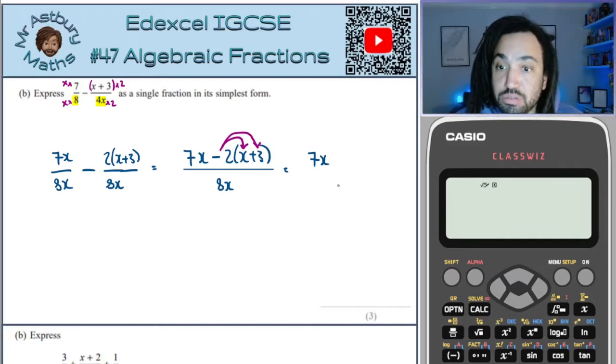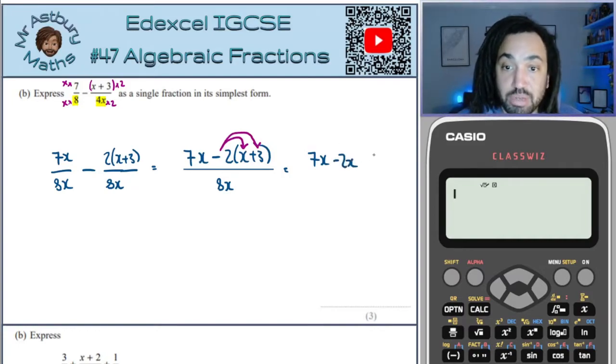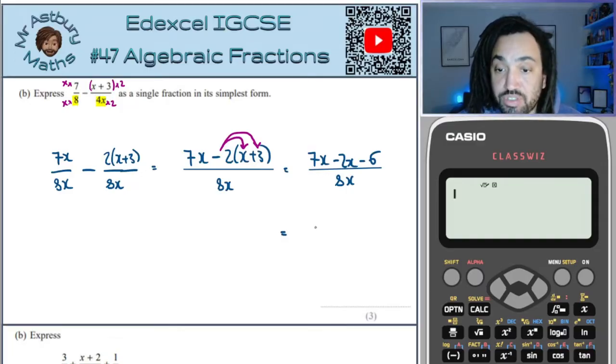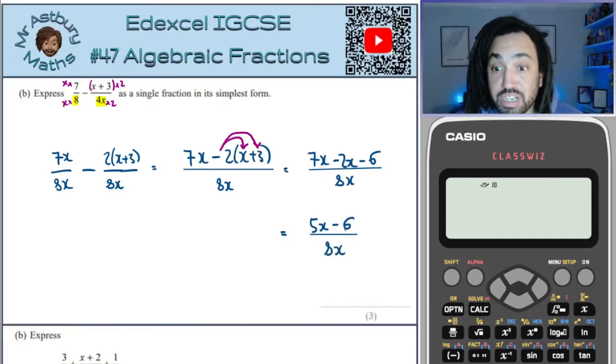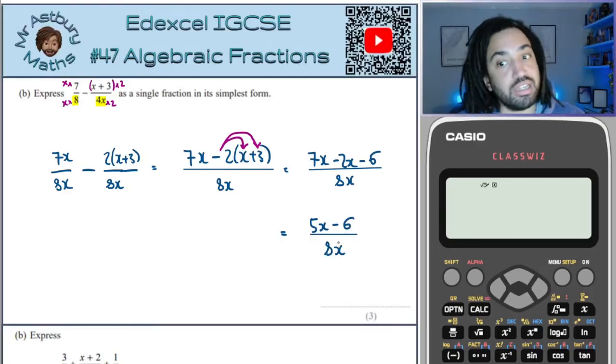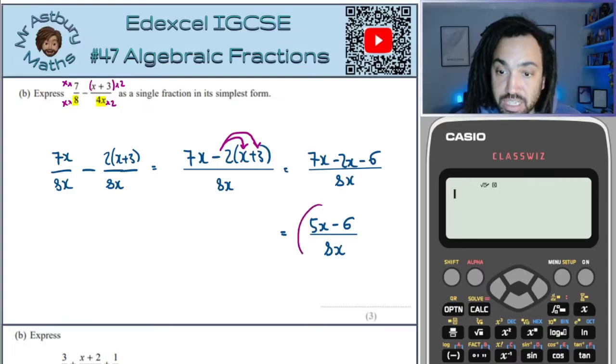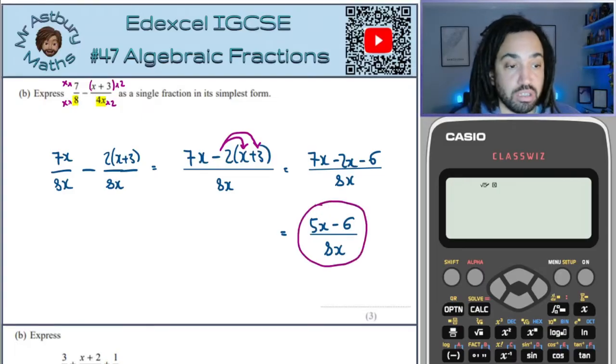So minus 2 times x is minus 2x, and minus 2 times plus 3 is minus 6. And that's all over 8x. And then we just simply simplify the numerator, because 7x minus 2x is 5x, and then we've got that minus 6 there. We check the numerator. Can we factorise that in any way? No, we can't. And if we can't factorise, it means we can't simplify. So that is our final answer.